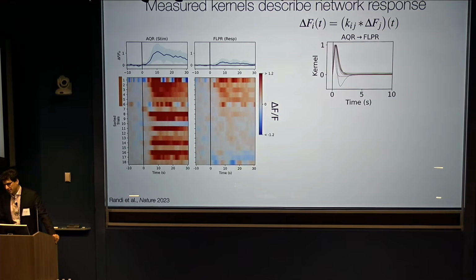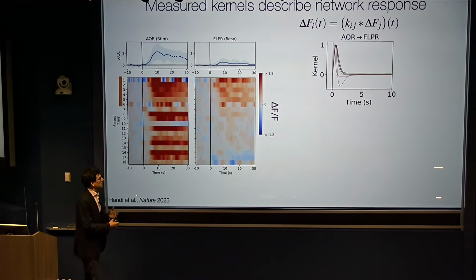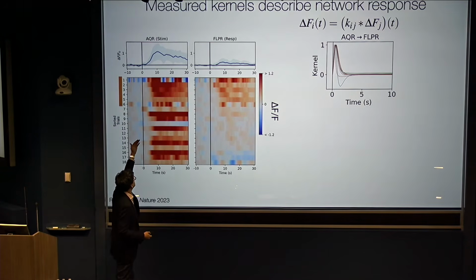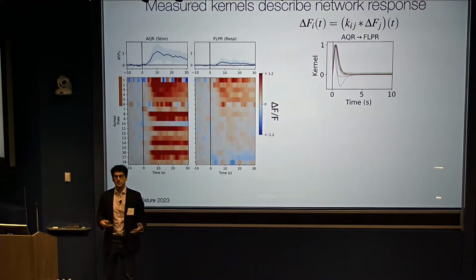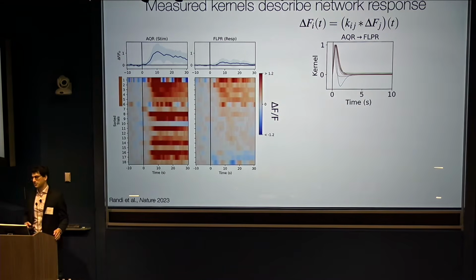And we're not content just to look at the average amplitude of the response. We like to think we get a lot more temporal information if we define something like a transfer function here. So for each pair recording where we have a neuron that's stimulated and its response, we can define a kernel such that if you convolve that kernel with the upstream neuron's activity, it gives you the downstream neuron's activity.